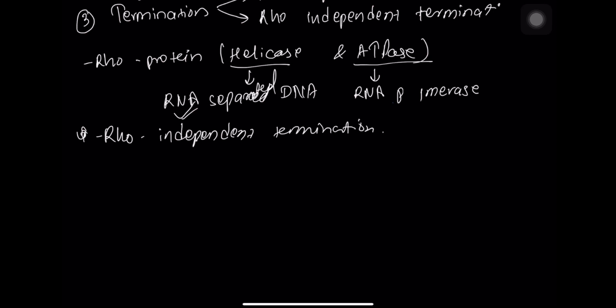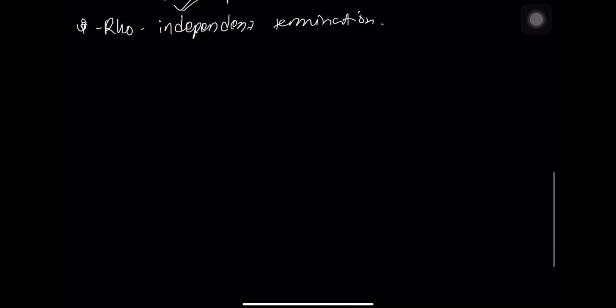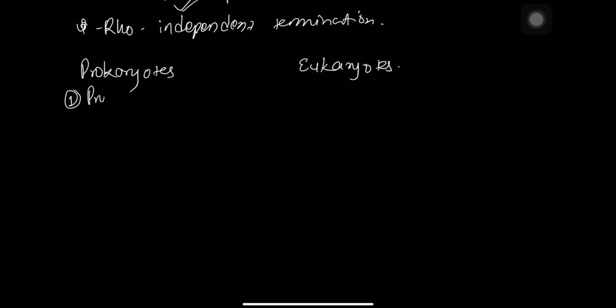Now let's discuss the differences between prokaryotic and eukaryotic transcription. So the first difference is the promoter region. We already discussed that the promoter regions in prokaryotic cells are the Pribnow box or the -35 region.